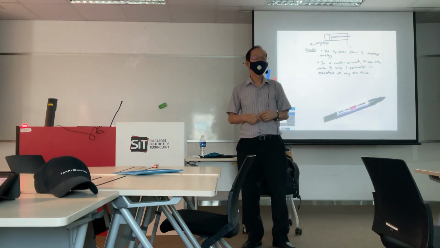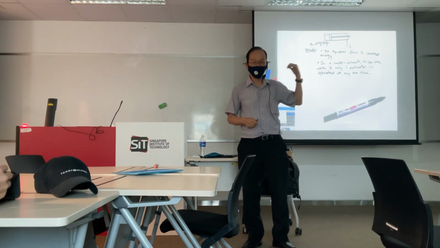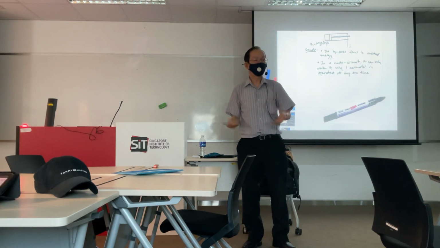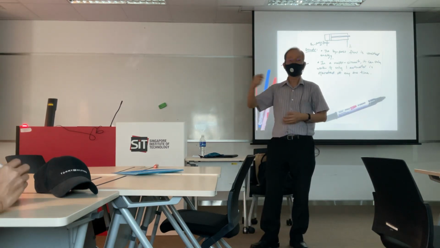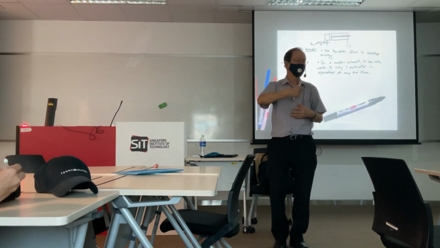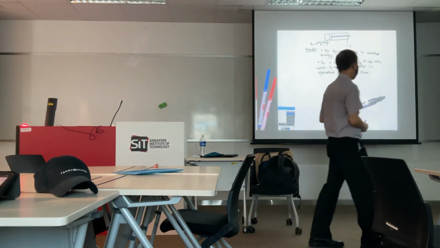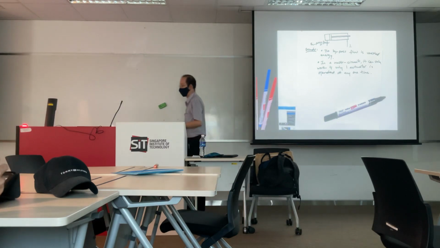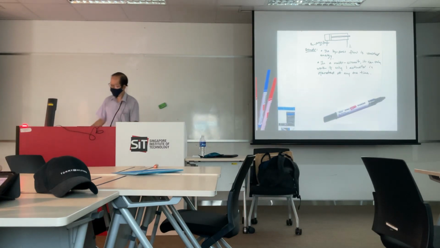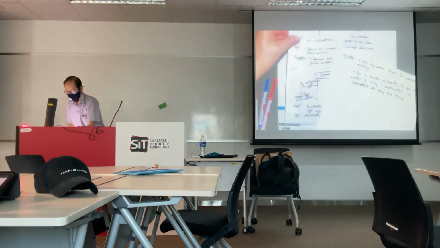Then you can implement your control strategy onto the hydraulic system. Then you have to have a controller, and with the control strategy implemented, then you can control motion. That is more sophisticated. But what you're doing is basic, simple, direct motion control.